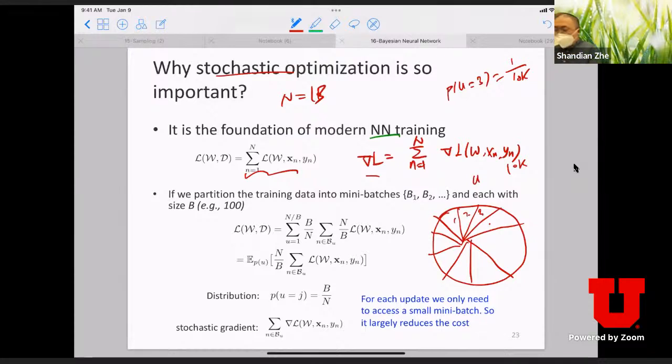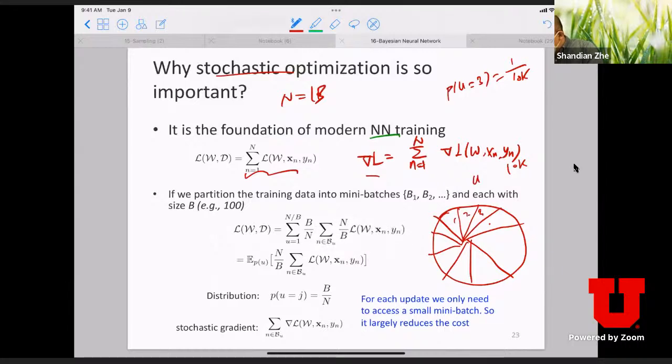Then we can come up with a loss function as the summation of the loss over each mini batch, multiplied by this ratio: the total number of examples divided by the size of the mini batch. This is all the same if we check the math.